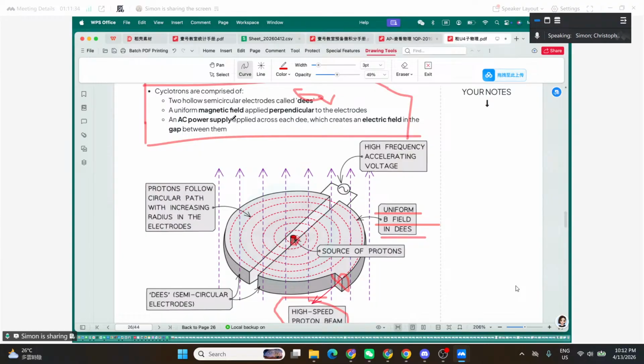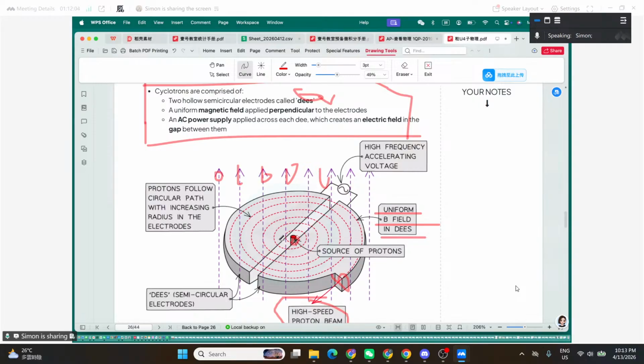Another part is the uniform magnetic field, applied perpendicular to the electrodes. And the third part is the alternating power supply applied across the D's, which creates an electric field in the gap between them.